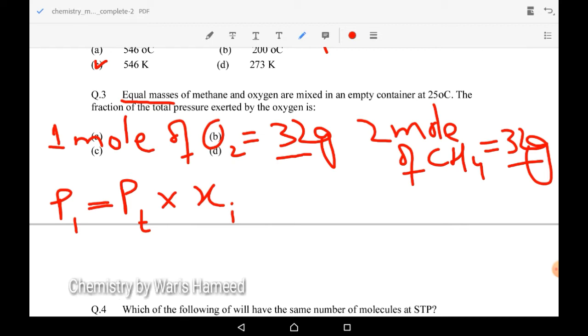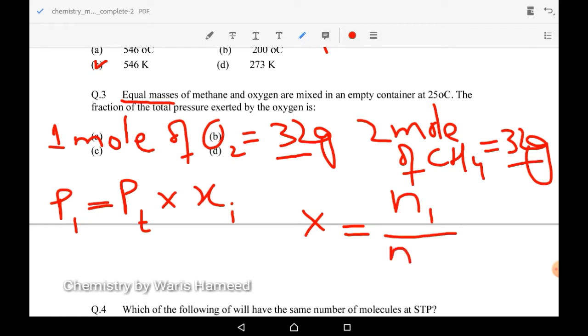And how is mole fraction calculated? Mole fraction is equal to moles of one gas divided by the sum of moles of both gases.